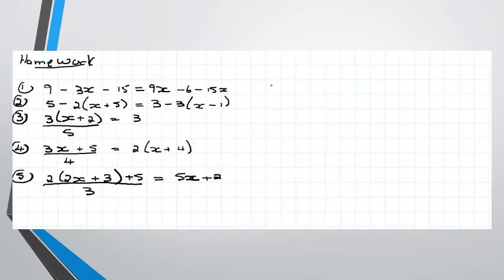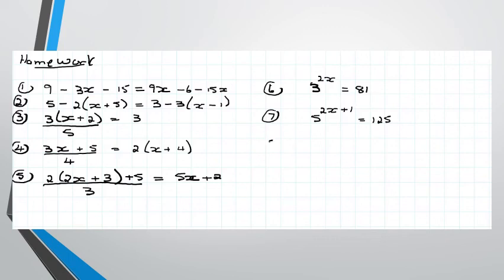Number 6: 3 to the exponent 2x equals 81. Number 7: 5 to the exponent 2x plus 1 equals 125.